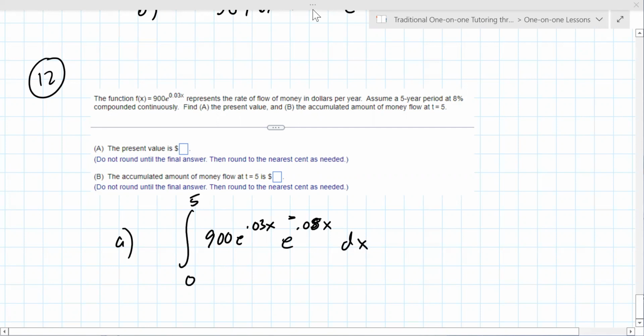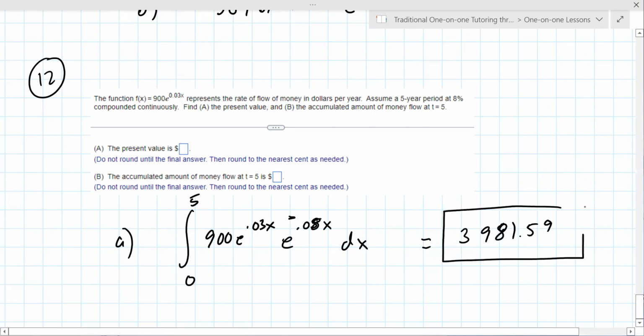So we'll go grab that number. From 0 to 5, yeah, looks right. Okay, so this is $3,981.59.